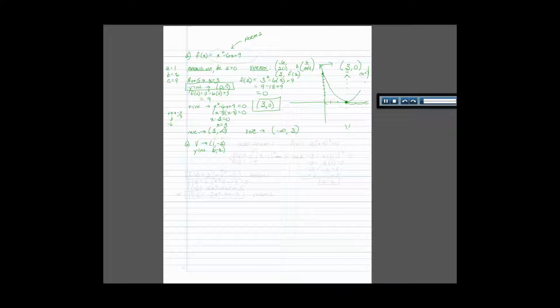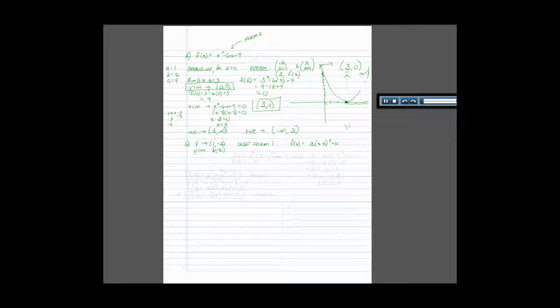Well, if we're given the vertex, that tells me that I need to use the form that shows the vertex. So we want to use form 1, which is, go back in your notes and look at form 1. Form 1 is f of x equals some number times (x minus h) squared plus k. All right, well, how can we use that to get the equation?